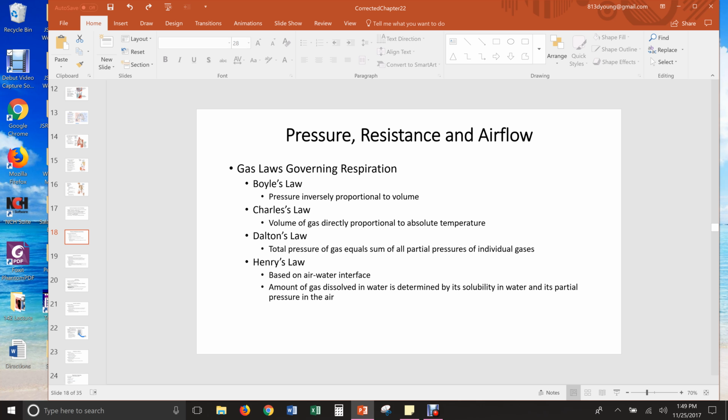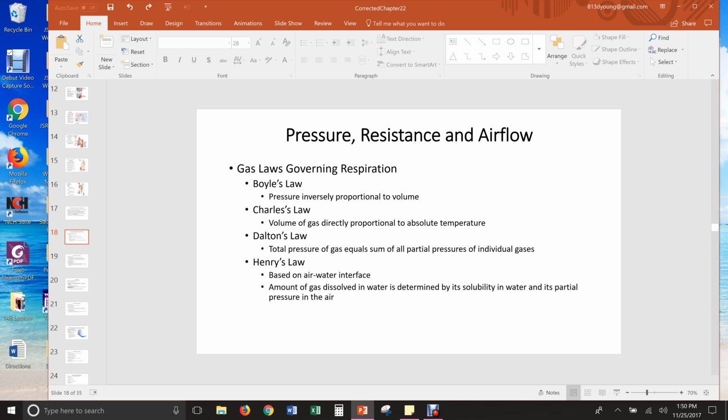When we talk about pressures, your textbook is going to talk a lot about the gas laws. If you're choosing respiratory therapy as your program, these gas laws are going to become very important. I'm not going to focus on these, but the laws that apply are Boyle's, Charles's, Dalton's, and Henry's.